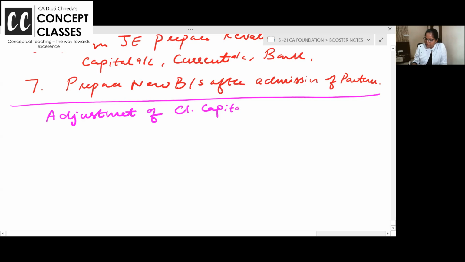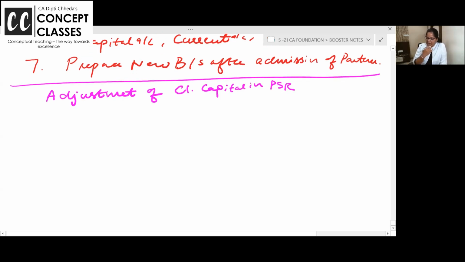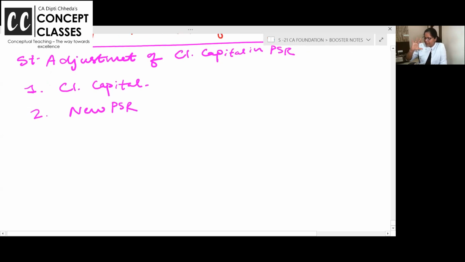Write down: adjustment of closing capital in PSR. Statement. First, what will you write? Closing capital, existing. Second, new PSR. I'm giving you the format. Third, required capital.